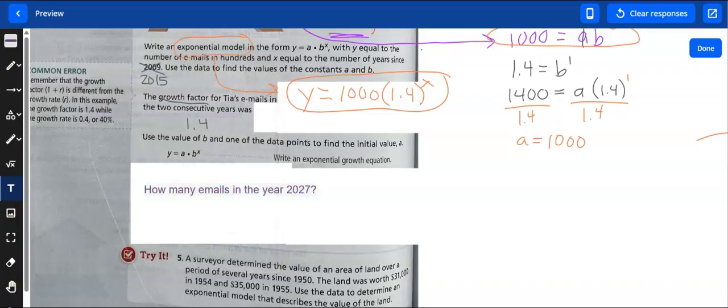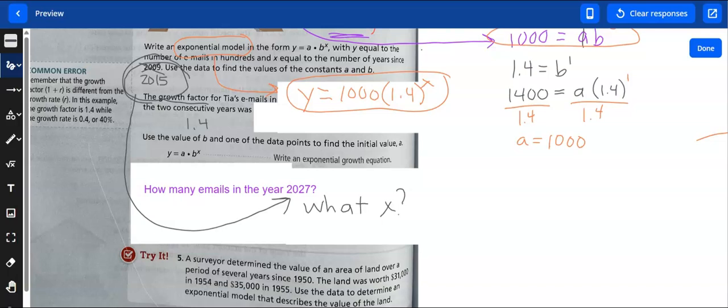Well, you tell me, if 2015 is where it's starting from, and they want me to go to 2027, what is the X value that goes with that? What X should I be using for 2027?